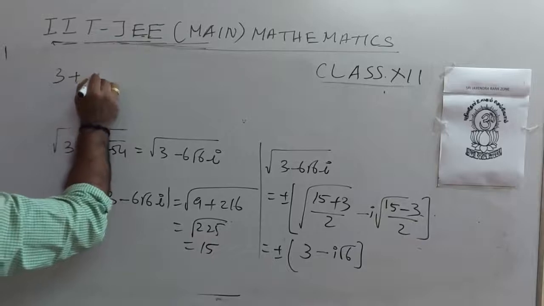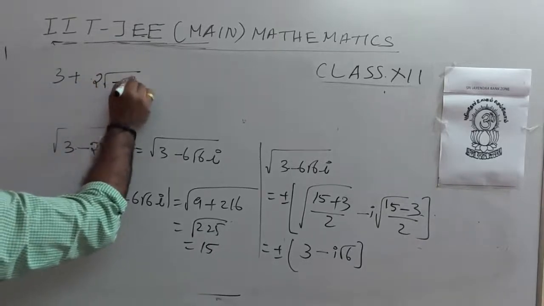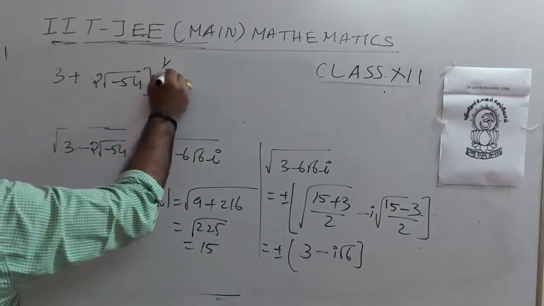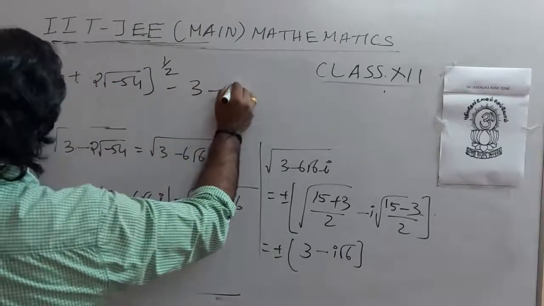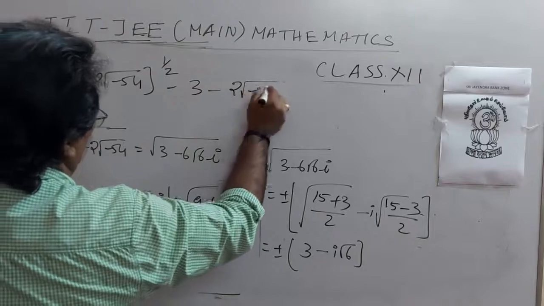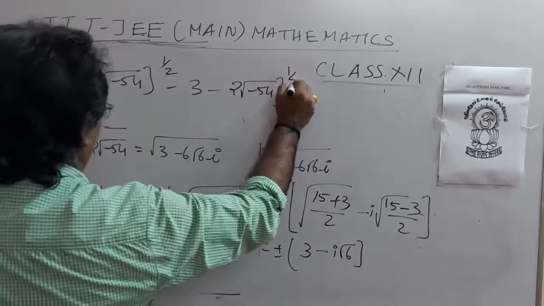So (3 plus 2 into minus 54) whole power 1 by 2 minus (3 minus twice root of minus 54) whole power 1 by 2.